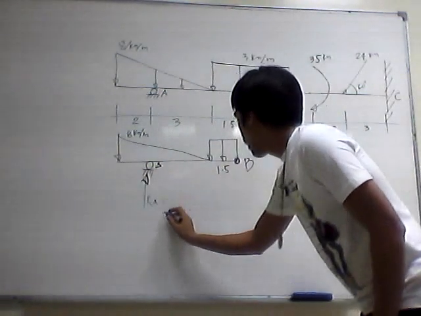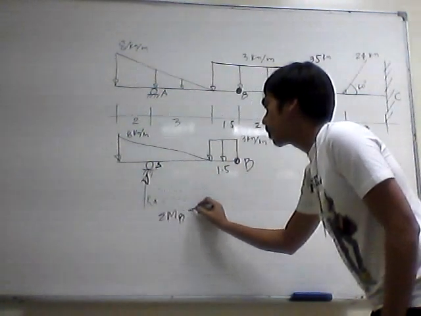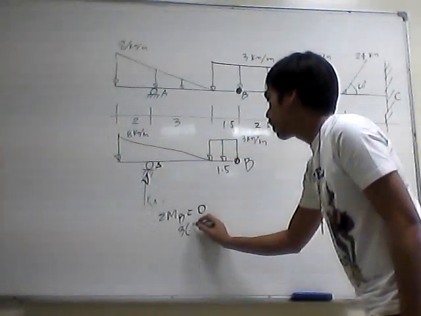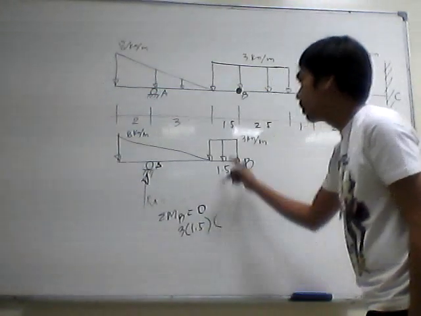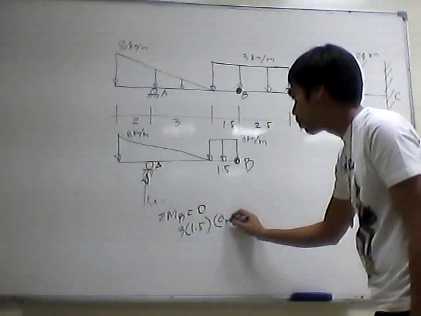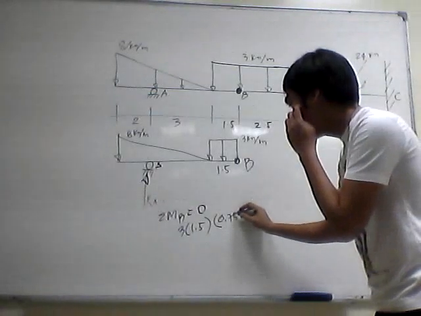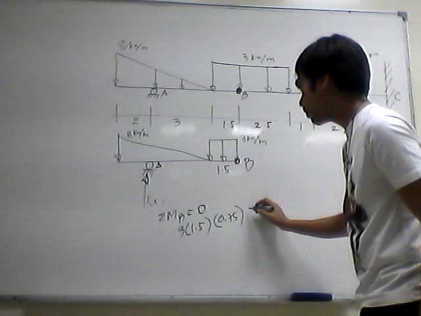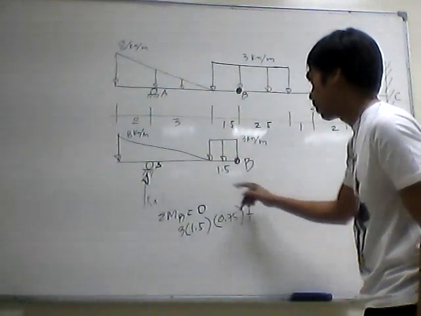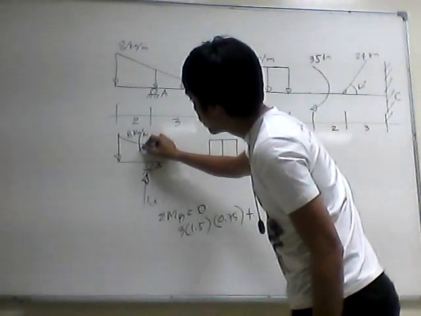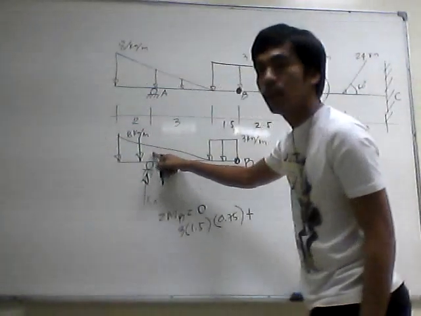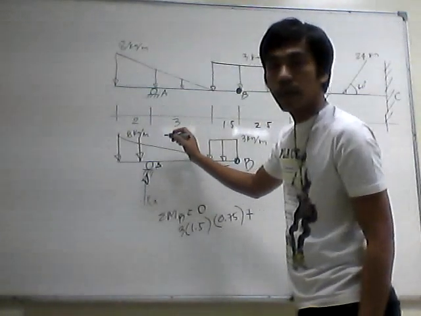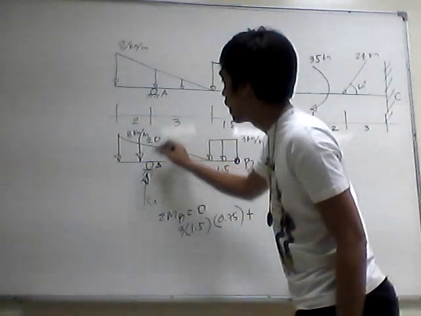So we have summation of moment at B equals 0. We have 3 multiplied by 1.5 multiplied by half of 1.5, that's 0.75. Then plus the resultant of the triangular load here, that is 8 multiplied by 5, that is 40, divided by 2, it's 20.